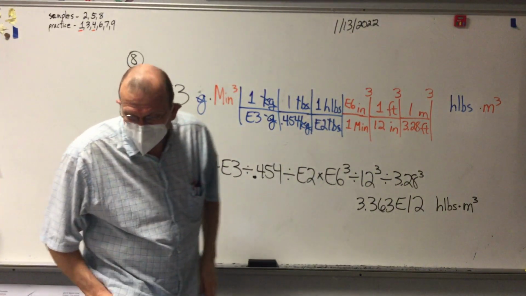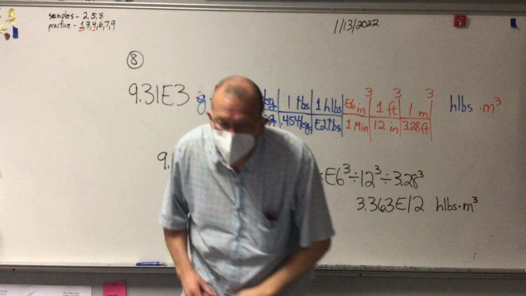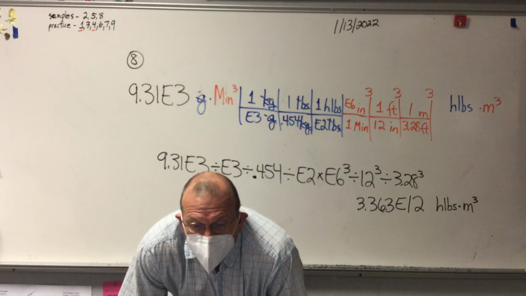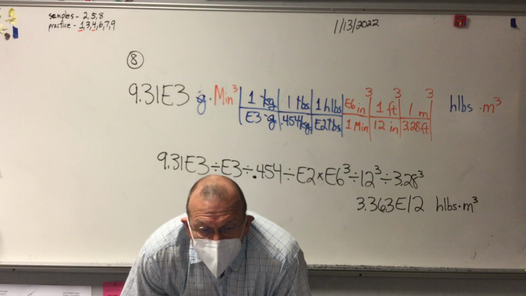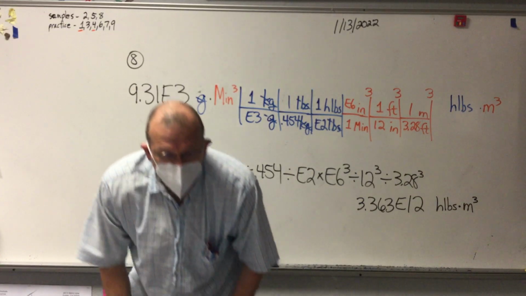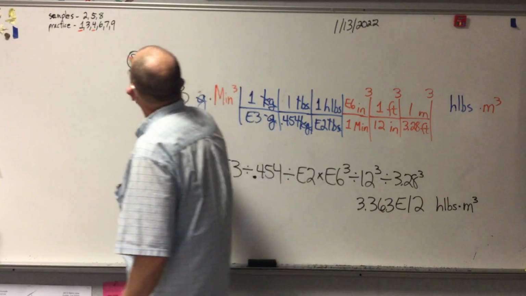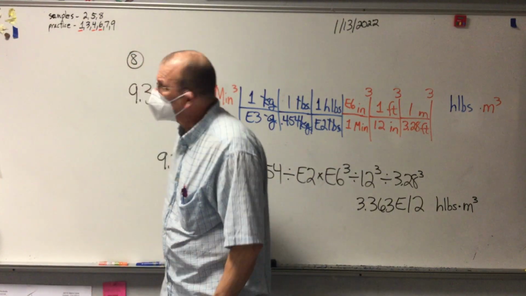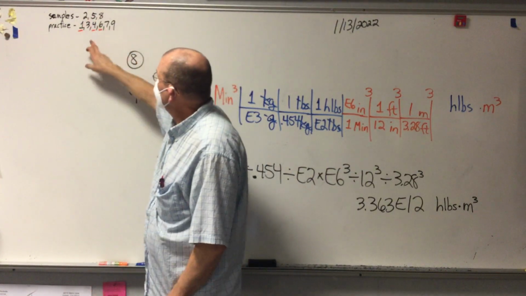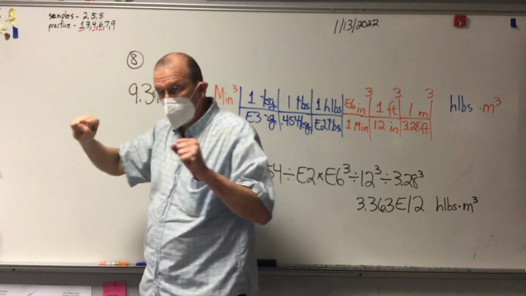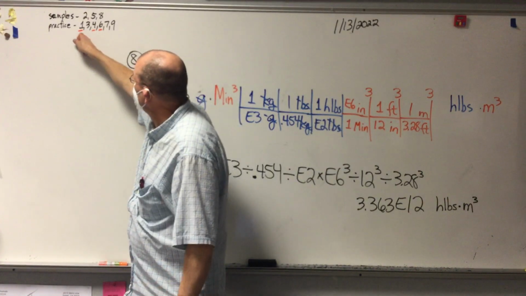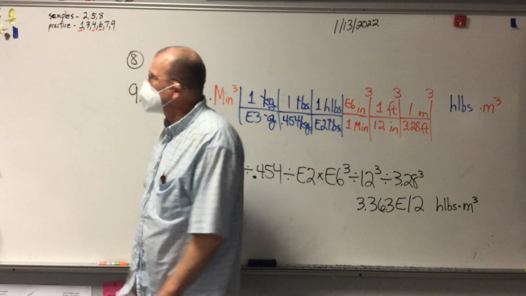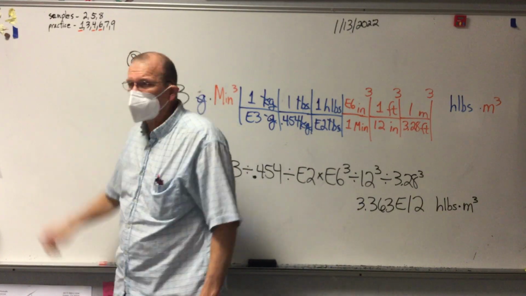As far as your official practice, let's go with 6 on that one. So we've done 2, 5, and 8. I am really wanting you to do 1, 4, and 6. And if you get through that, go for 3, 7, and 9.